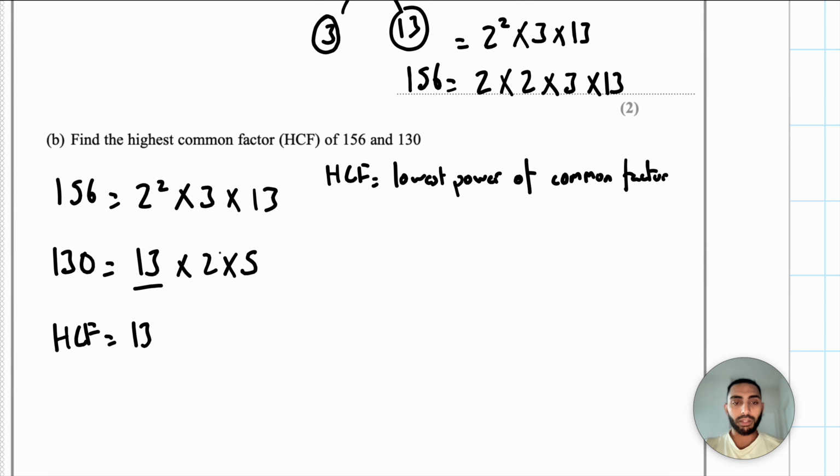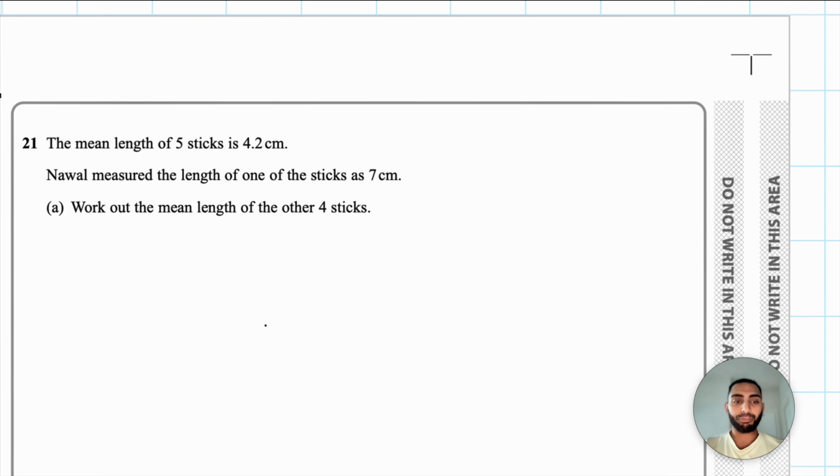I wouldn't write 2 squared. The lowest power is 2 to the power of 1, so I just write 2. There's nothing in common with the 3, and there's nothing in common with the 5. So my highest common factor is just 13 multiplied by 2, double 13, which is 26. The largest number I could divide both of these by would be 26.